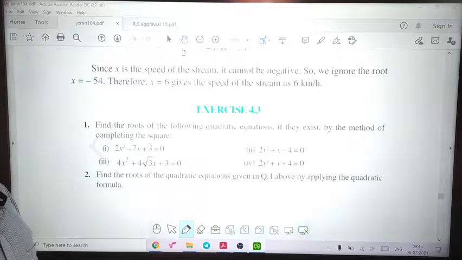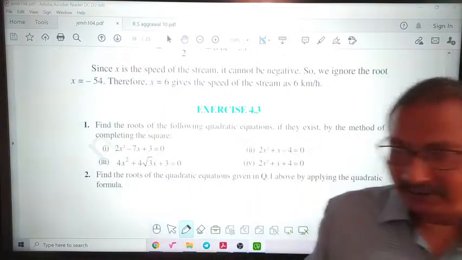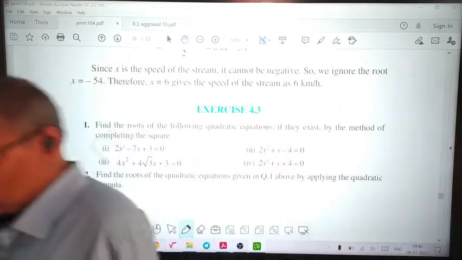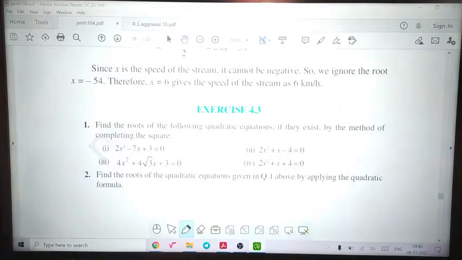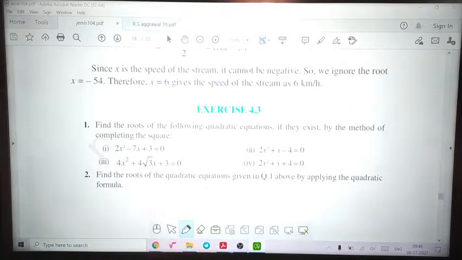That means if they exist. If they do not exist, then we cannot find them. So if they exist, then find them by the completing the square method. Okay, so suppose that these are existing.